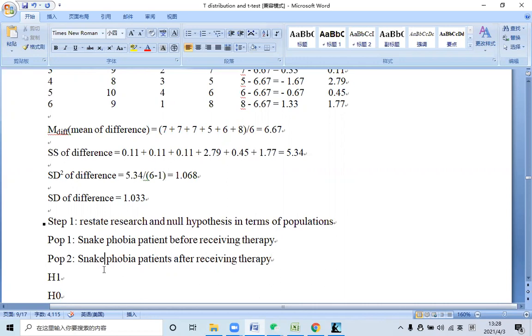Hypothesis. What would be the research hypothesis?